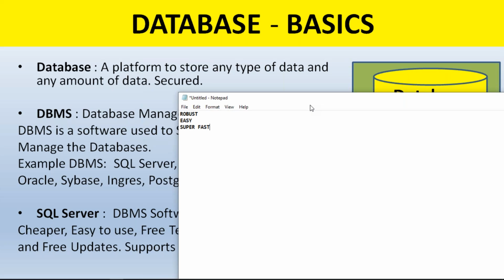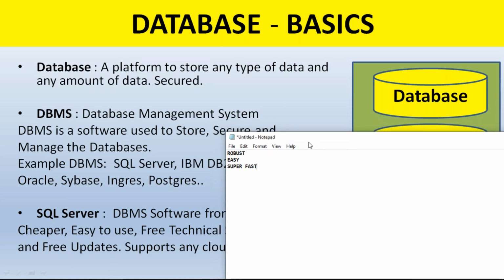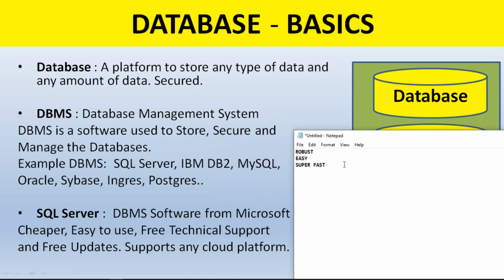DBMS. To operate on Excel, we need a software like MS Office. To operate on database, we need to install one software today. In another 5-10 minutes, we'll start the installation. We need to install a software called SQL Server, a DBMS, database management system.